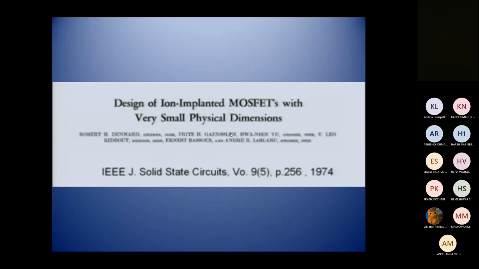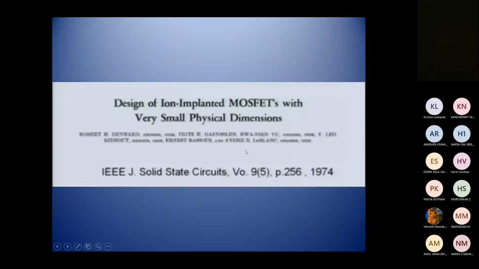Okay, so let's say we have a bulk, a macro-size dimension of devices, but we want to make it to smaller dimensions, that means in the domain of nanometers. So what guidelines do we need to put in for making MOSFET devices? That is a very important thing. So whenever you find free time, just go through this research article.